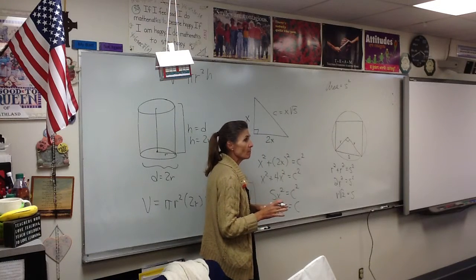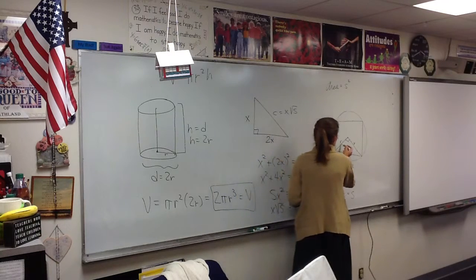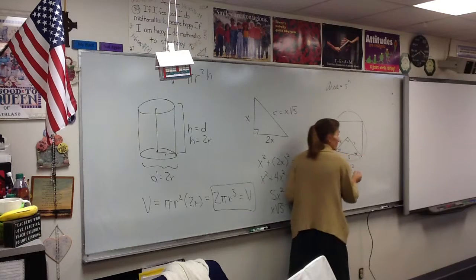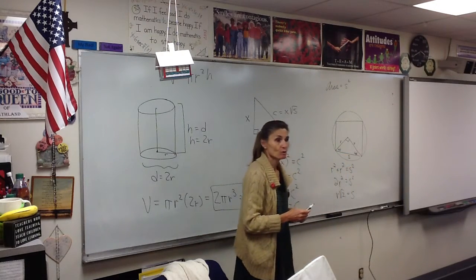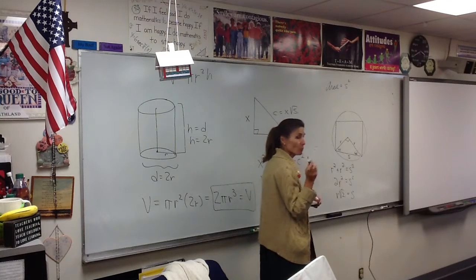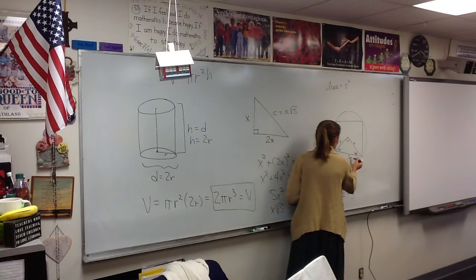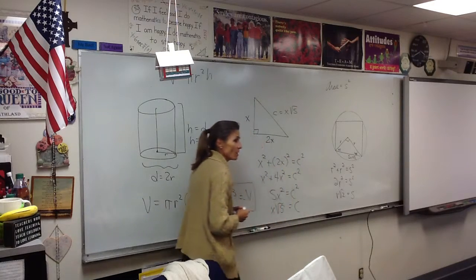Now I'm really going to give you a blast from the past. These two sides are congruent. That's a right triangle. This is a 45, 45, 90 triangle. Do you remember learning that the hypotenuse is root 2 times the shorter side? Yes. So that would have been another way you could have figured this out. If this is R and this is R, this is automatically going to be R root 2 because it's a 45, 45, 90 triangle.